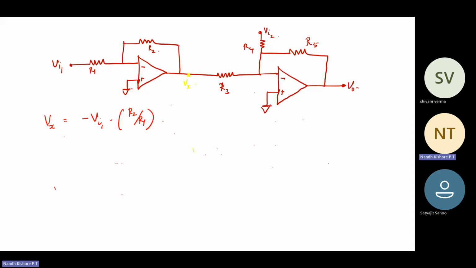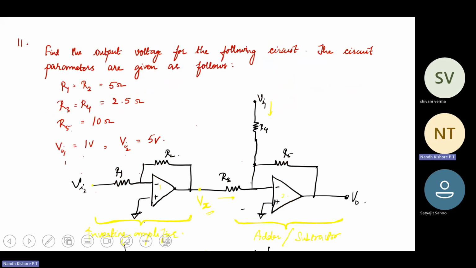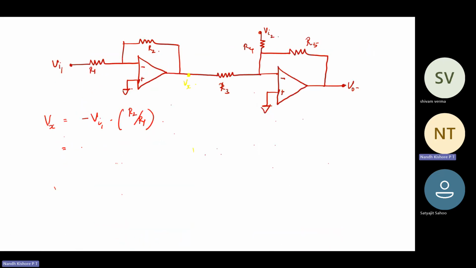In our case, Vi1 is 1 volt and R2 is 5 ohm, R1 is also 5 ohm. So minus 1 into 5 by 5, which means you get minus 1 volt. So Vx is equal to minus 1 volt.